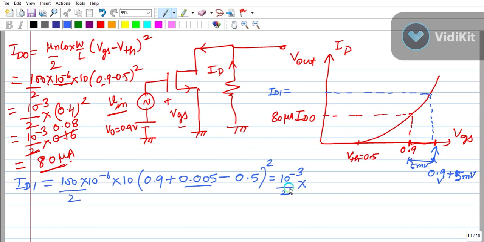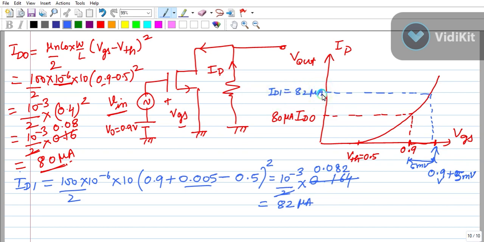It will be 0.164. Now divided by 2, 0.082, means it is equal to 82 microampere. So it is 82 microampere.